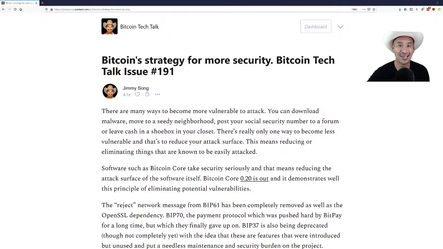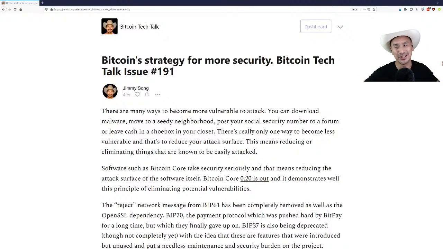That means stuff like moving into a seedier neighborhood, downloading malware, putting your social security number onto a forum, or leaving cash in a shoebox in your closet.